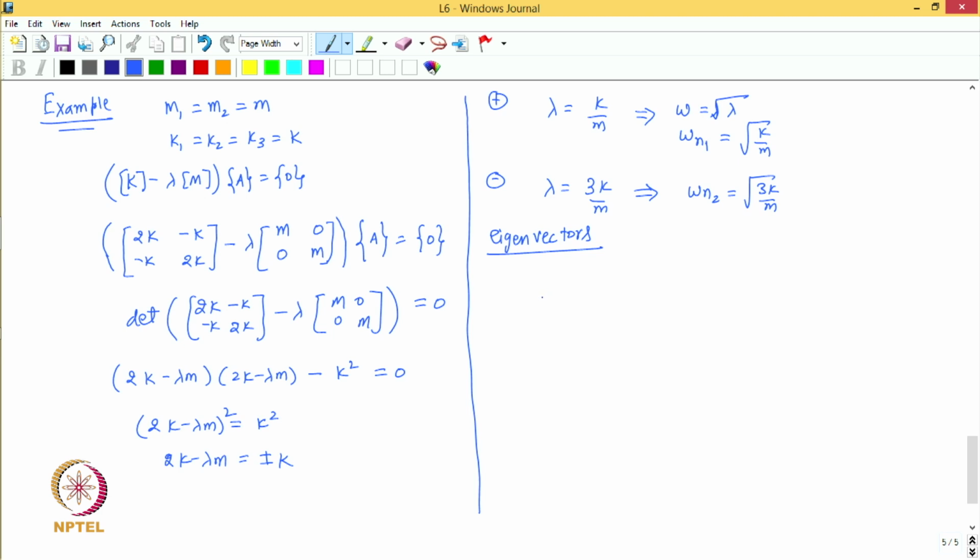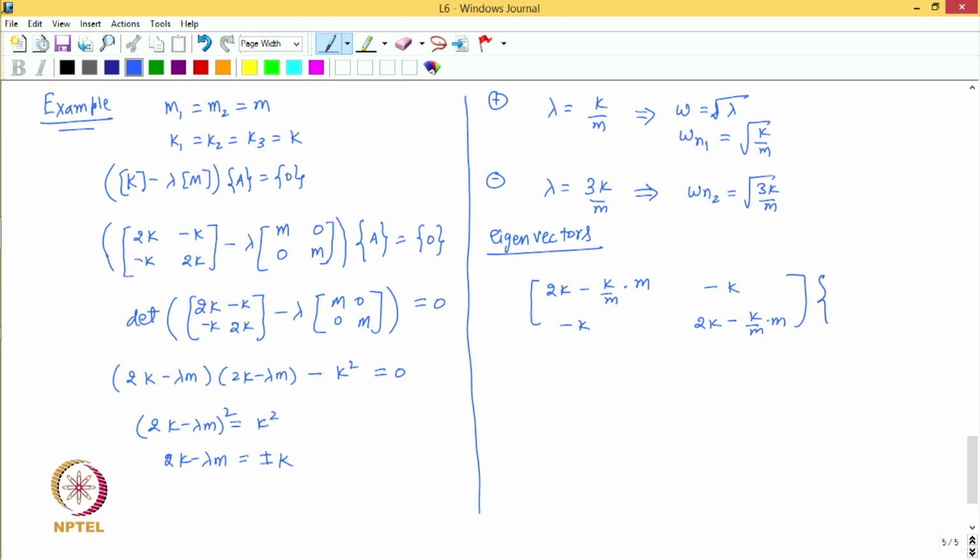So, in the present case, we have the matrix with 2k minus lambda m, where we substitute lambda, which in the present case is k by m, into m. Here we have minus k, and minus k, and here we have 2k minus k by m into m.